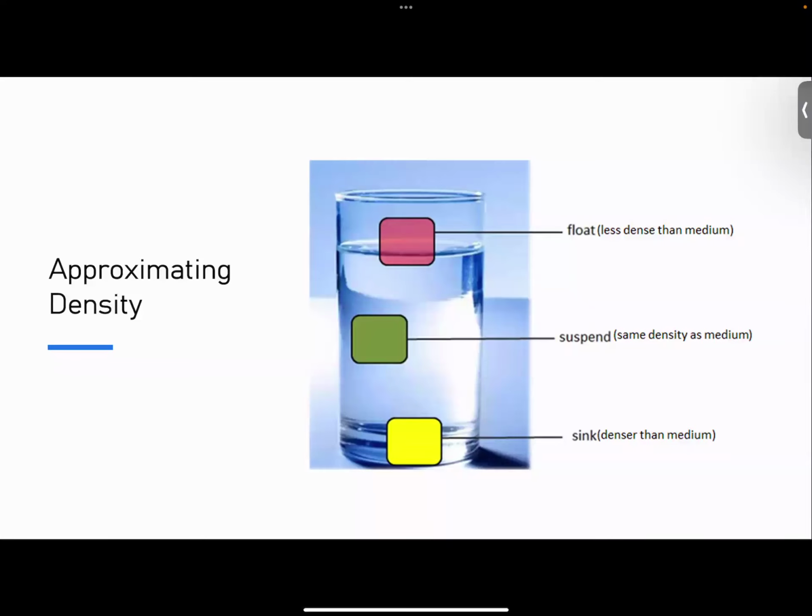And you're going to put the object in each of those liquids and determine, does it float, does it sink, or does it sit in the middle? By comparing how that object behaves in all of the liquids, you're going to be able to determine the approximate density and therefore the identity of the polymer that plastic was made of.